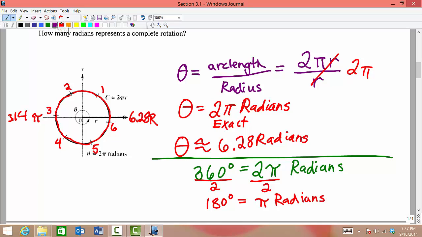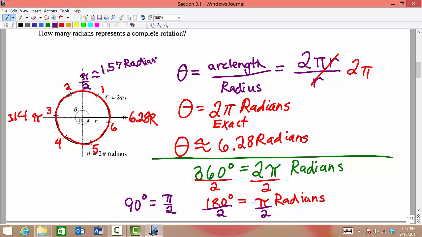So that makes a lot of sense. Now, if I wanted to divide that in half again, we would see that 90 degrees is equal to pi divided by 2. So where we used to have 90 degrees, now we will have pi over 2. And if you put pi divided by 2 in your calculator, you get approximately 1.57 radians.